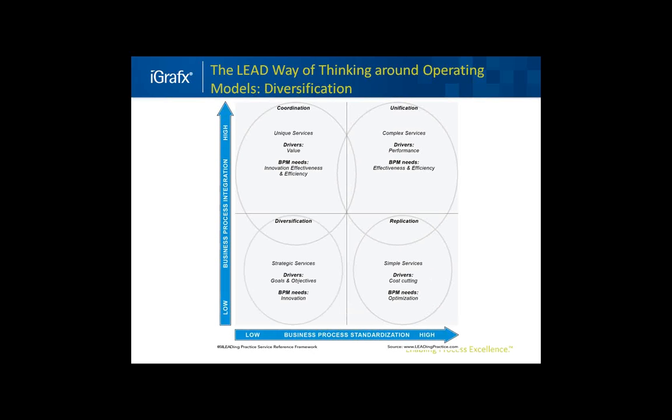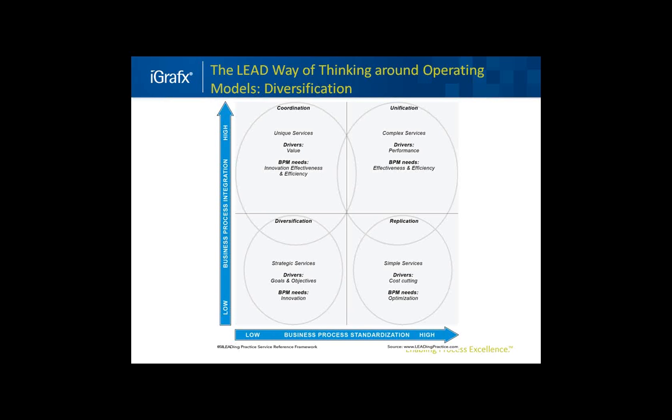In addition to that, then we have the diversified ones. There, it's about the strategic services. Obviously, because they are so differentiating, they are so diversified, that this must be the aspect that delivers strategic aspects. So the drivers is around goals and objectives, because it's that what sets the direction.